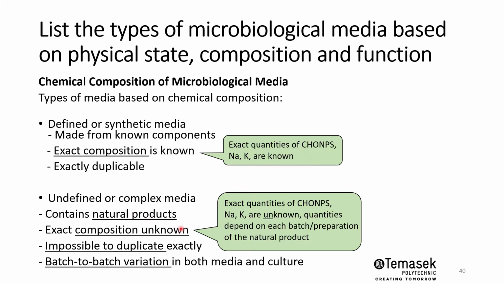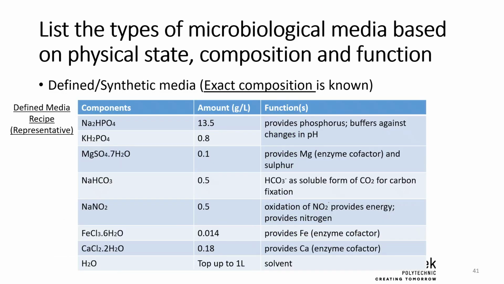So here the table shows a representative recipe for one example of a defined media. You can see that it contains inorganic salts as well as a source of carbon. In terms of sodium bicarb, this is NaHCO3. Bicarb is available as a soluble form of carbon dioxide for carbon fixation by the bacteria, especially for bacteria who are autotrophs.